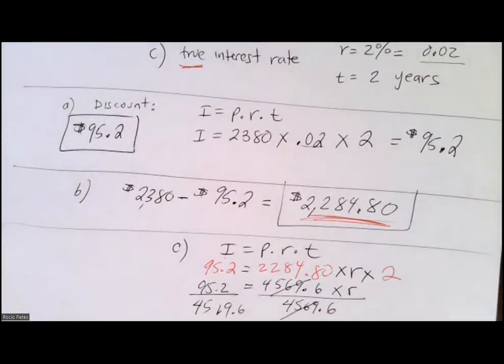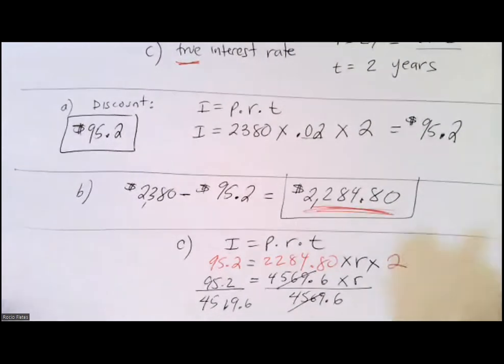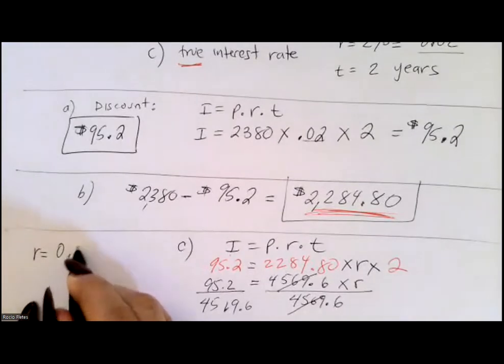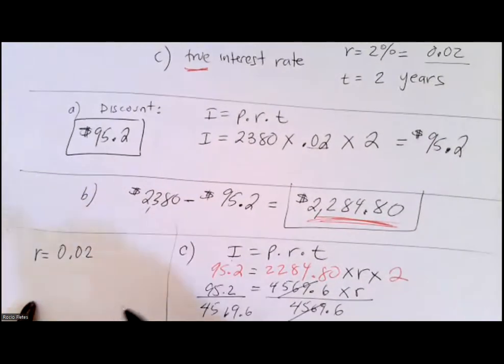And so when you have 95.2 divided by 4,569.6, that gives you an interest rate. Now it's going to be in decimal form. You're going to need to round this, but don't round yet.